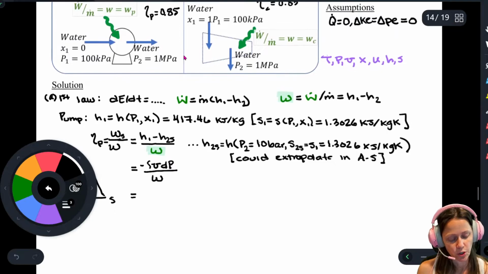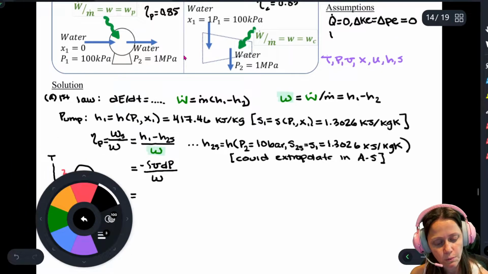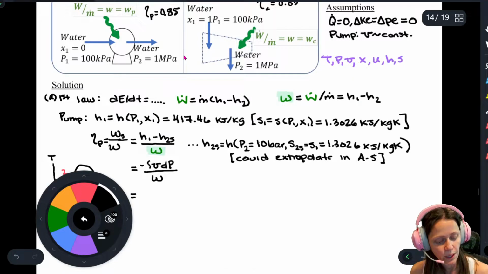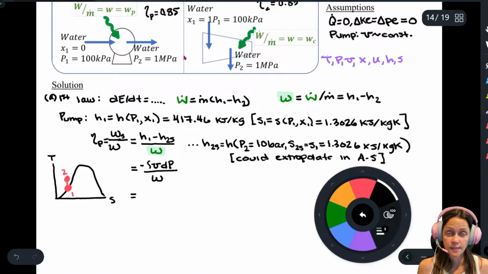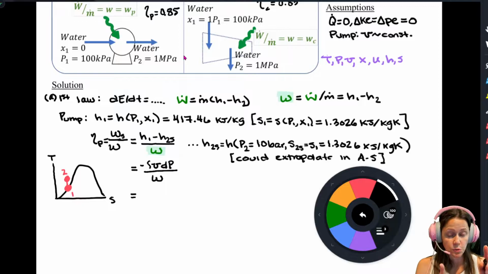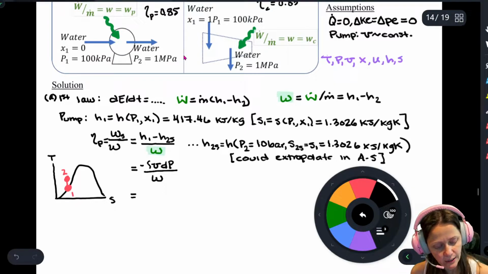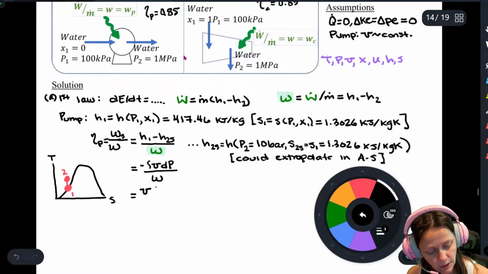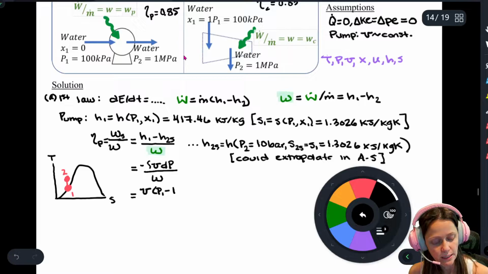So for my pump, that specific volume is approximately constant. And if I say that it's constant because I'm saying it's incompressible, the specific volume comes out of the integral, then all I have is the integral dP, which is just P2 minus P1. So it's negative V times P2 minus P1, which is V times P1 minus P2.